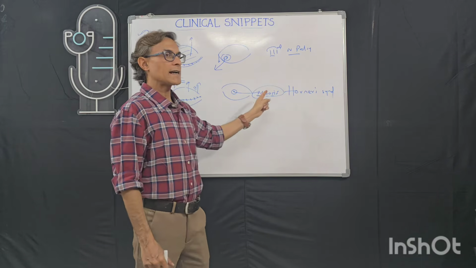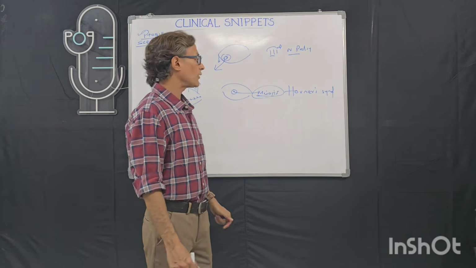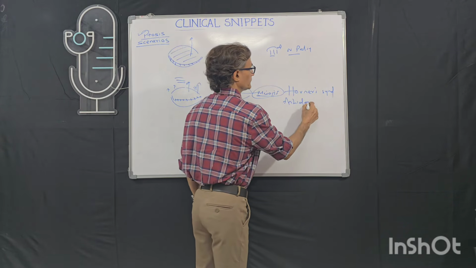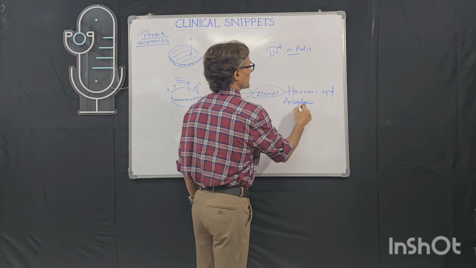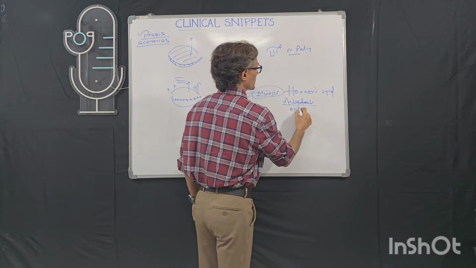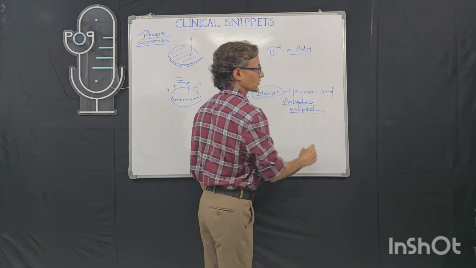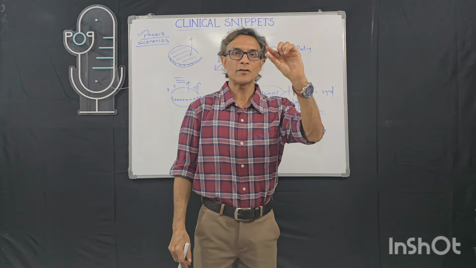Additional features you have to search for: anhidrosis, enophthalmos. Palpebral fissure is narrowed already.